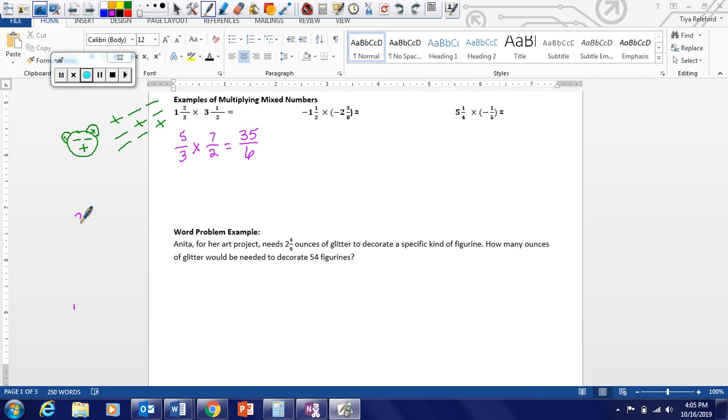So you are going to top in, bottom out. And what do I do with that remainder? Don't turn it into a decimal, that's working too hard. Make it your numerator. And both numbers are positive, so my answer is positive.